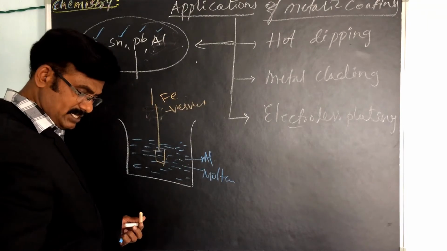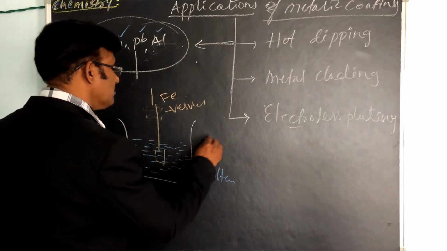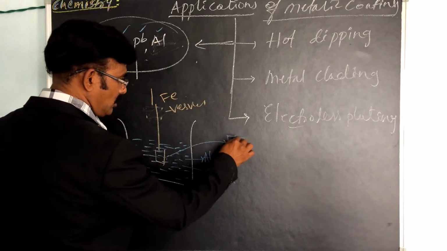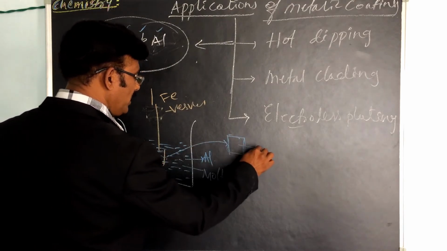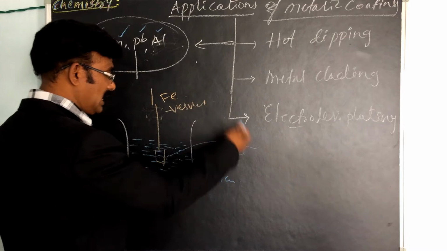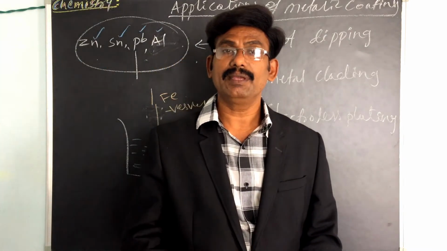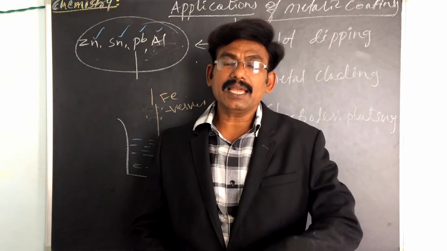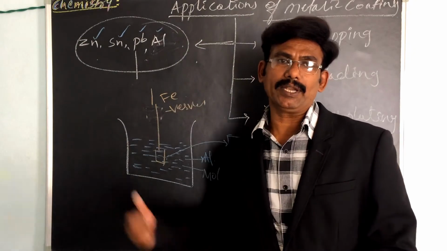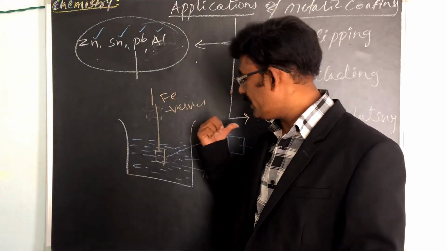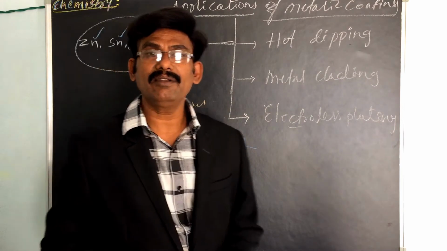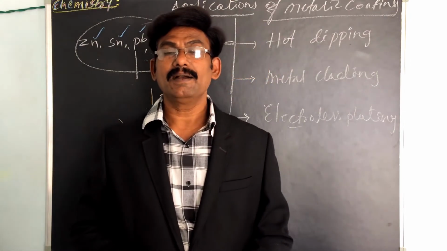After some time the vessel takes on the coating color. Before, the brown color was there; after dipping, the aluminium color appears. The process involves immersion in a metal bath of molten coating, which forms one complete metallic layer, so the iron will not be exposed. This is hot dipping.